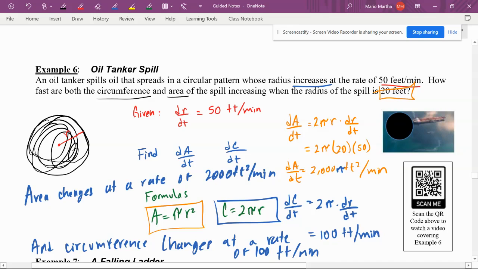In both cases, this is when r equals 20 feet.